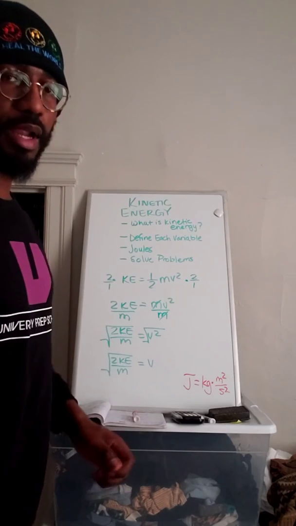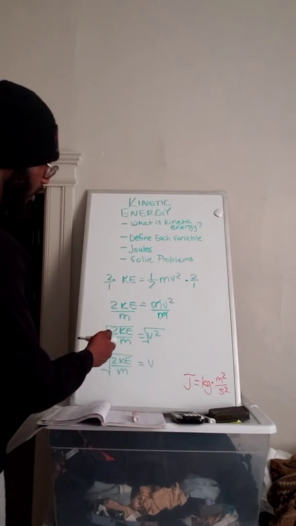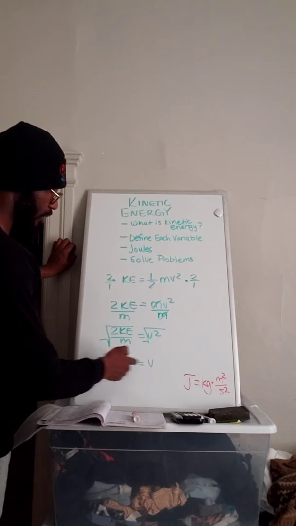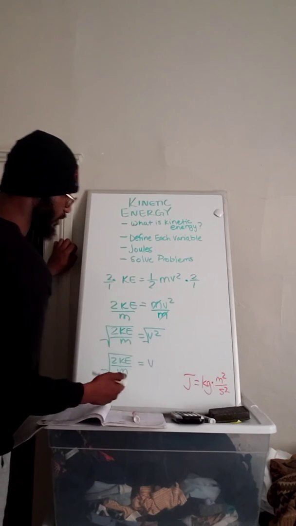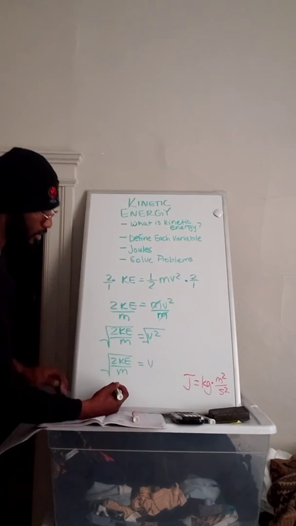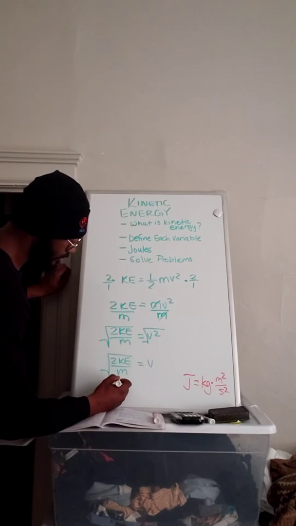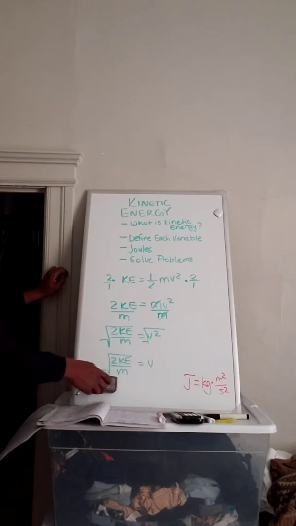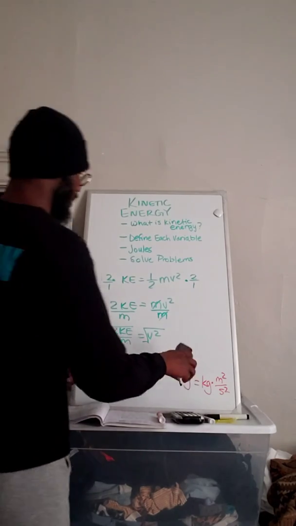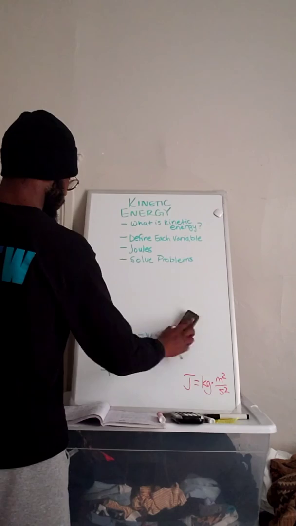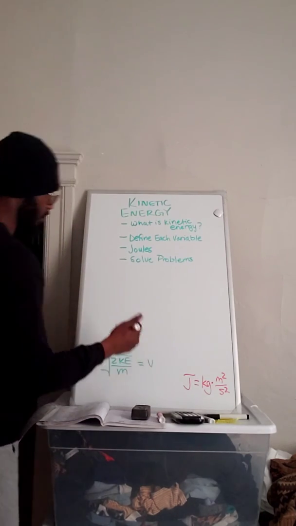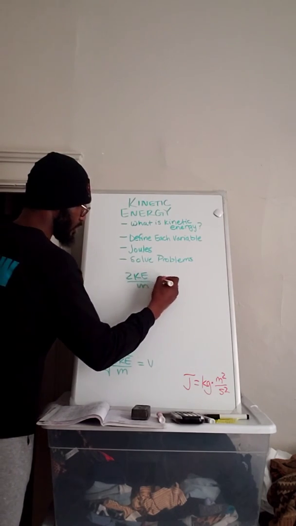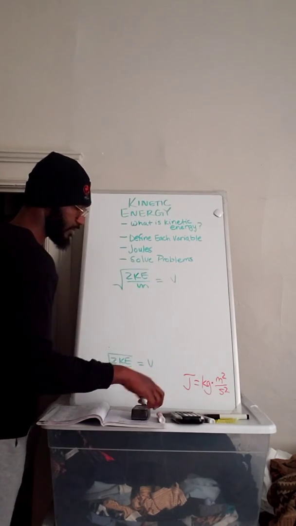Now, let's walk through our unit analysis. So if I substitute in the alternative definition of joules, I'll end up with kilogram. I don't know if you all can see this, so I'm going to erase all this and write 2KE over M, square root, is equal to V. All right.